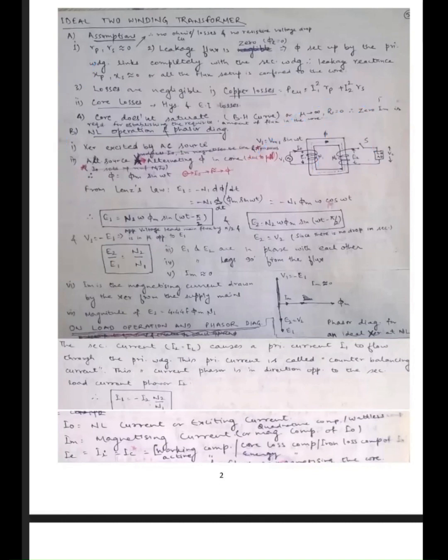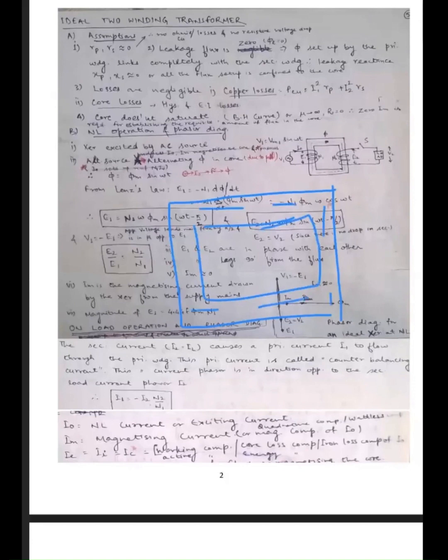Next is that leakage flux should be zero. There should not be any leakage flux. It means that whenever a transformer core is there, there is a predefined path of the flux. If it moves in the same direction as assigned, there is no problem.